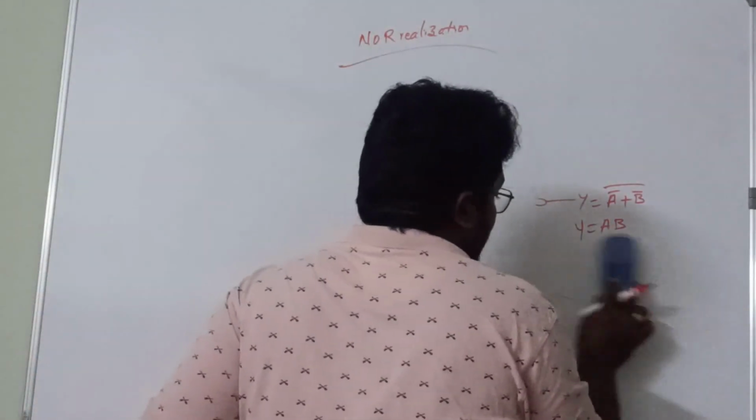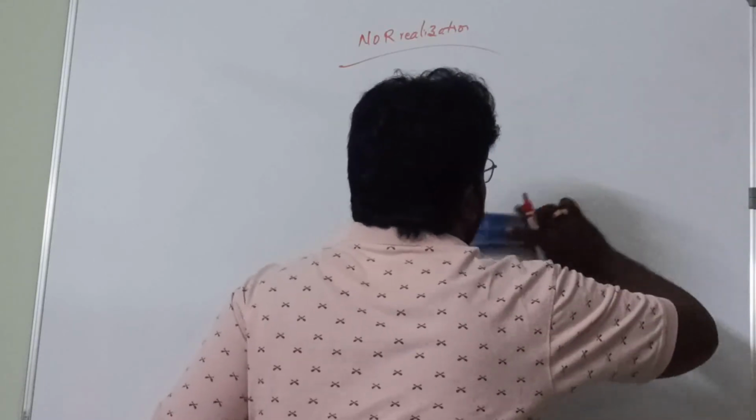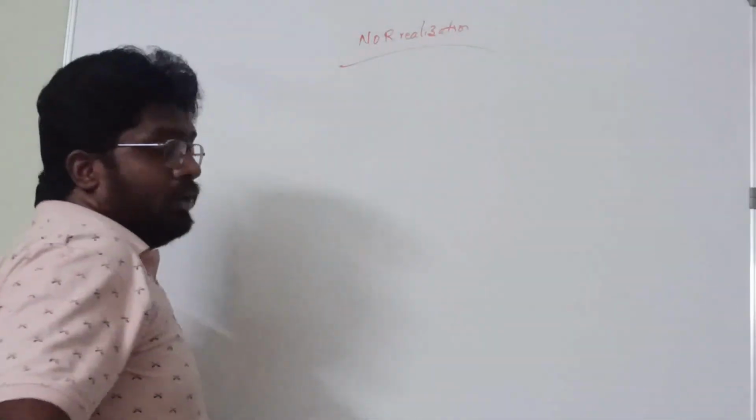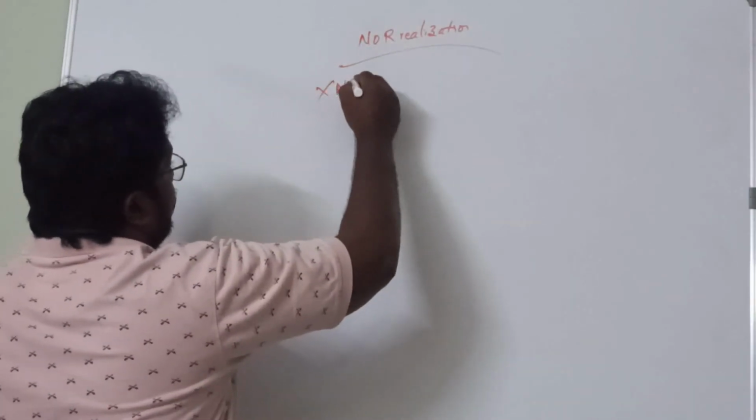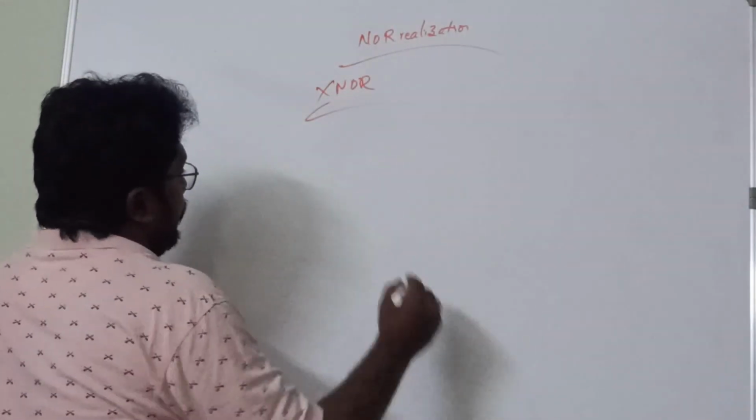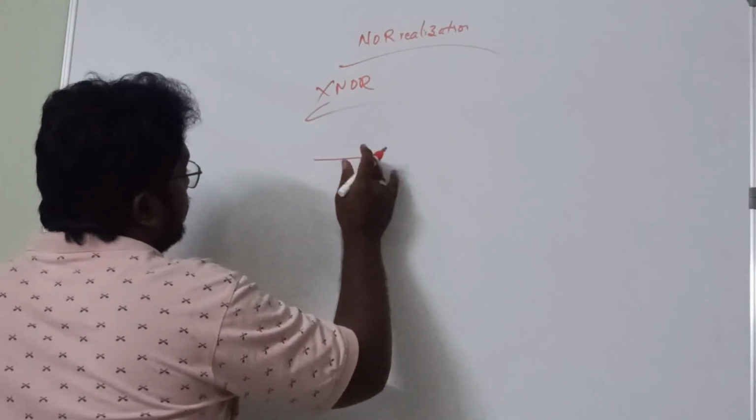So now let us find out the XOR gate and the XNOR gate by using the NOR gates, right? So now let us see the XNOR gate.